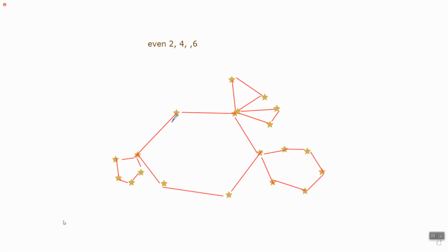Otherwise, we delete this cycle, the blue one. When you delete this cycle, you get this part and this part. It's a disconnected graph.